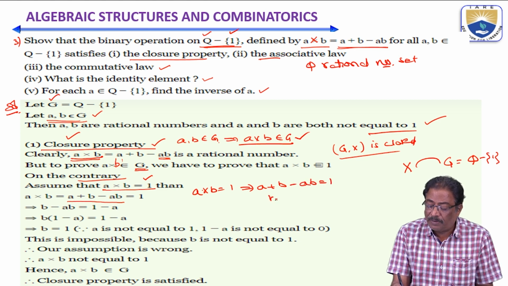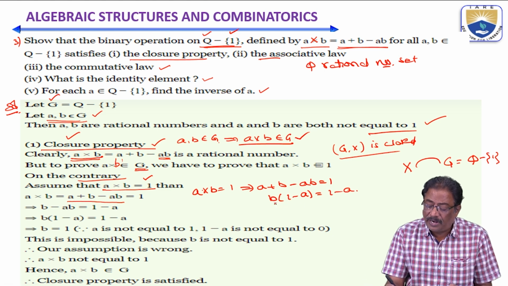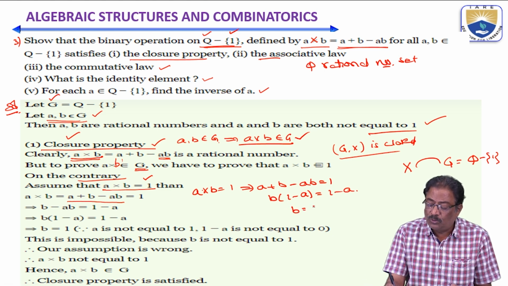Then I am taking B into (1 minus A) is equal to 1 minus A, and next B is equal to (1 minus A) by (1 minus A). This is equal to 1.